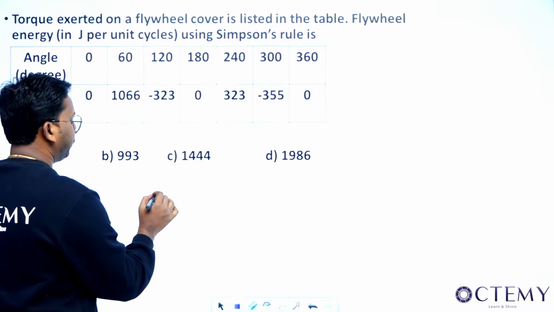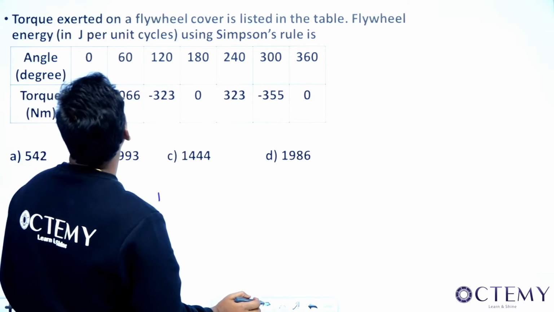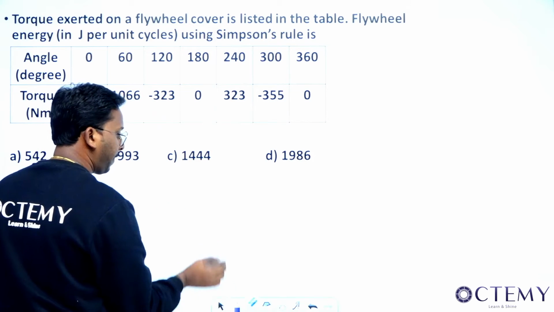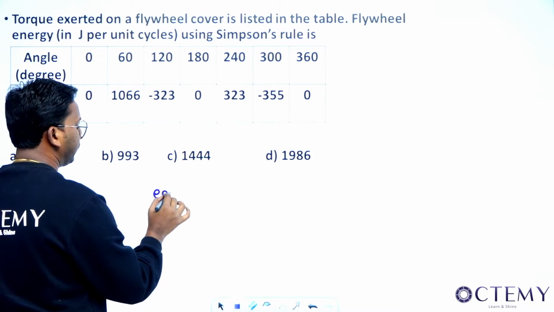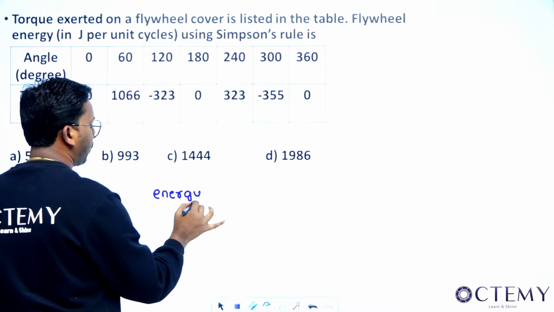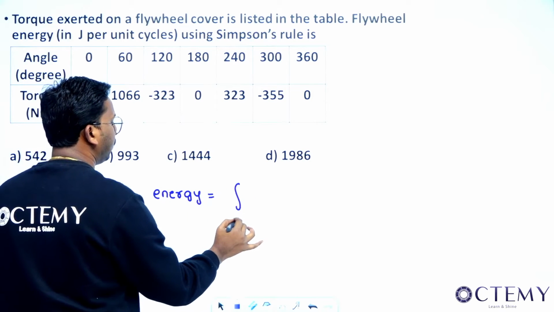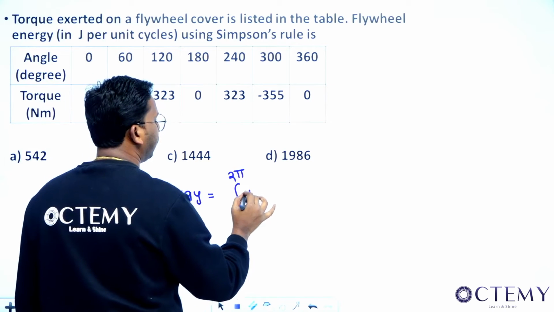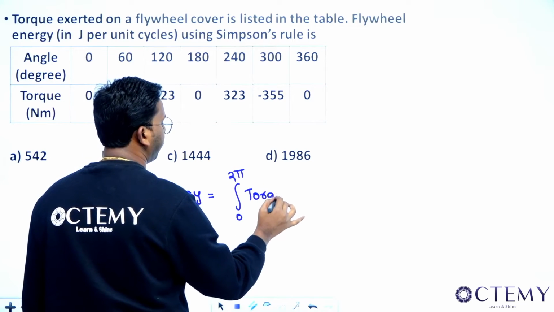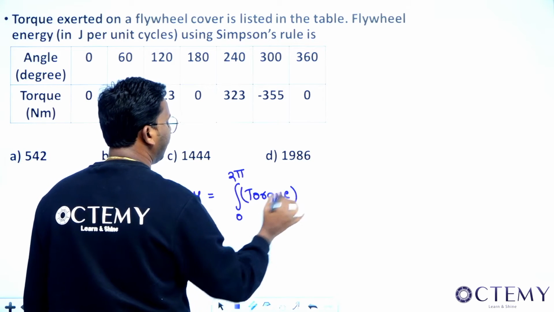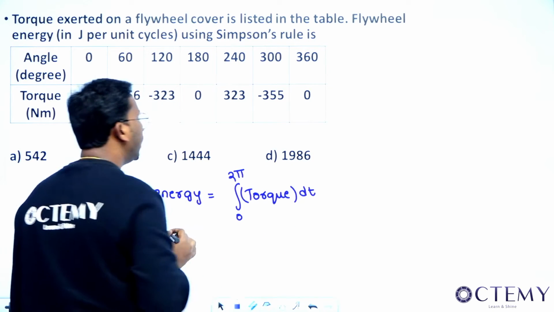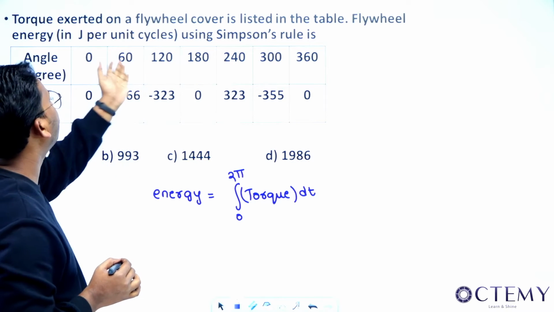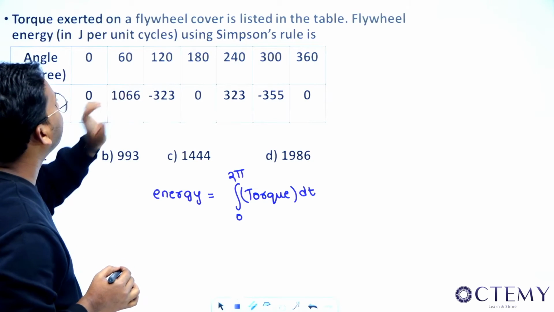The torque energy is being asked. Flywheel energy is equal to, over a period of cycle, integral from 0 to 2 pi of torque dt, torque times dt, right? So 0 to 2 pi means he has given how many intervals he has divided into, and all these things, and we have to apply Simpson's rule.